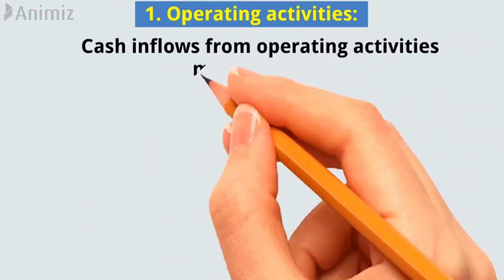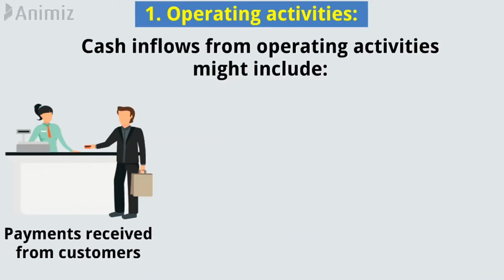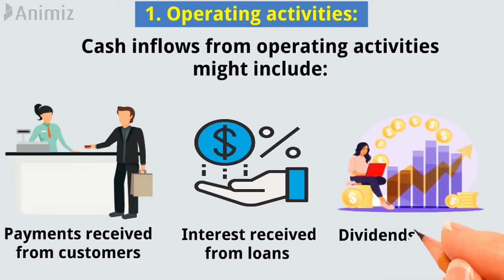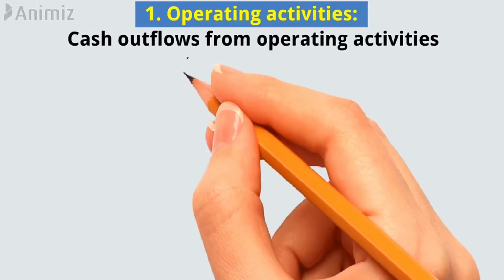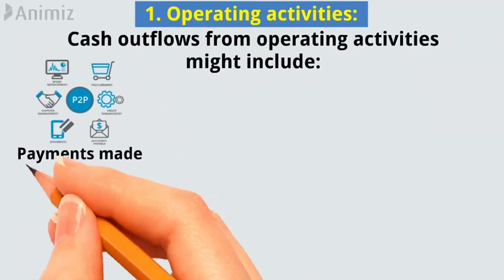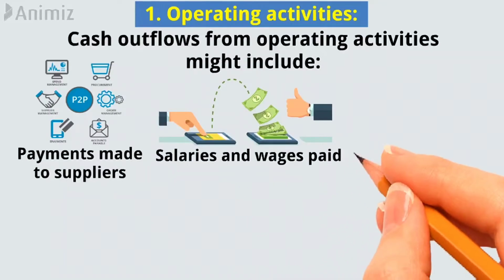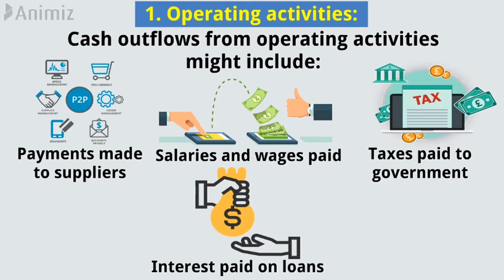Cash inflows from operating activities might include payments received from customers for goods or services sold, interest received from loans made to others, and dividends received from other companies in which the business has invested. Cash outflows from operating activities might include payments made to suppliers for goods or services purchased, salaries and wages paid to employees, taxes paid to governments, and interest paid on loans.